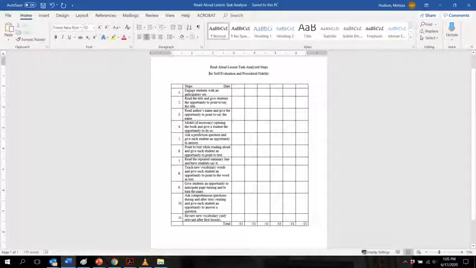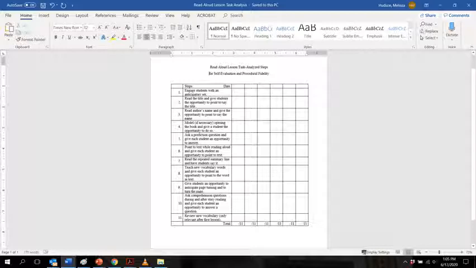You'll also have available to you a task analysis of the steps for conducting the read aloud lesson. It should become clear that this is a good piece of information to use for your own self-evaluation about how well you taught the lesson, which is important for reflection. It's also a checklist, if you will, that can be used for your procedural fidelity.